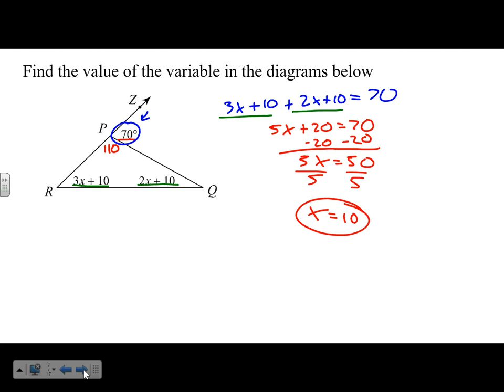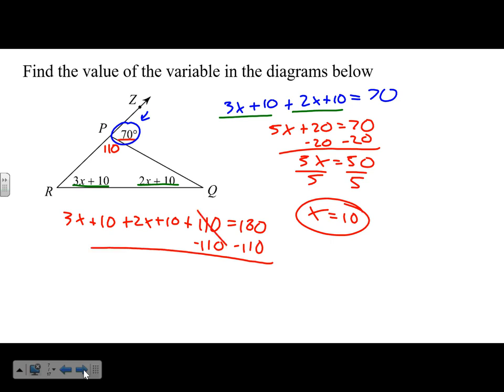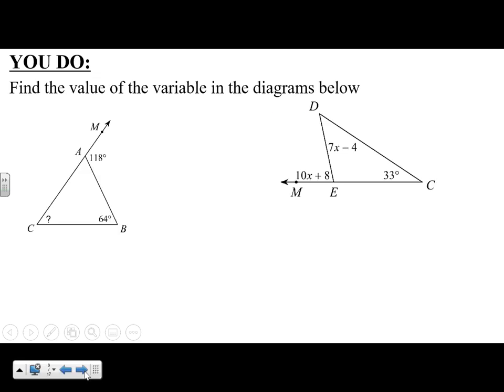But if you end up doing that, just an interesting fact, plus 110 is equal to 180. If you subtract 110 right away when you're solving this, now all of a sudden we have exactly where we started. Because that's going to be 3x plus 10 plus 2x plus 10 is equal to 70. But it would be possible, just there's a little bit more work.